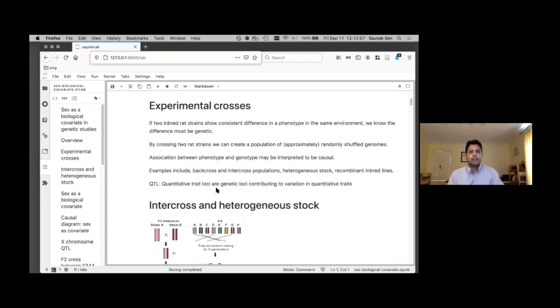These are genetic loci that have been identified to be contributing to variation in quantitative traits. In practice, these traits don't have to be quantitative, strictly speaking, because you can treat a qualitative trait as a quantitative trait. So, in the end, as a shorthand, we're going to say QTL.